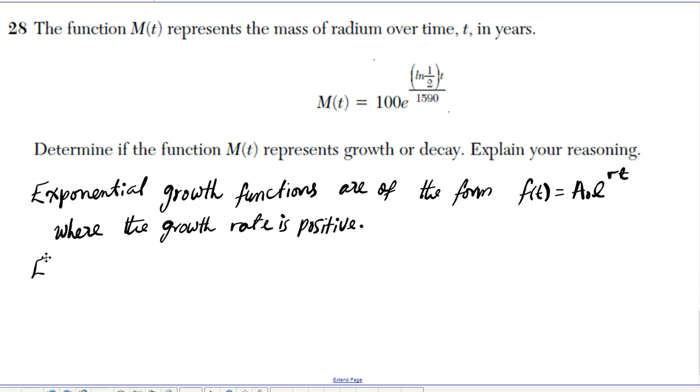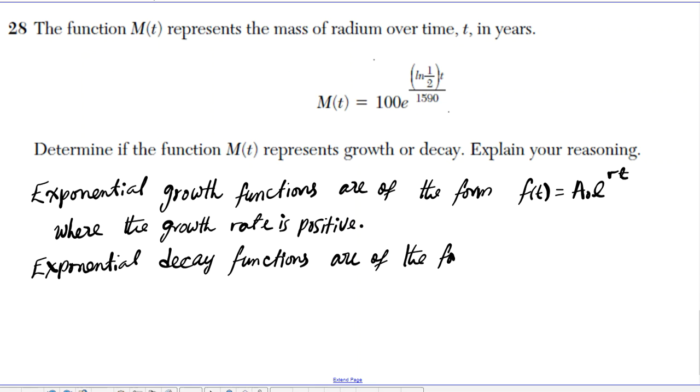On the flip side, exponential decay functions are of the form f of t equals a sub 0 e to the negative rt, where the growth rate is negative.